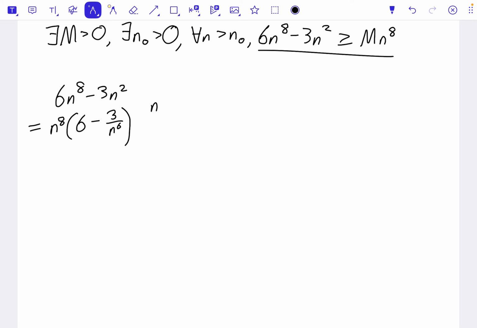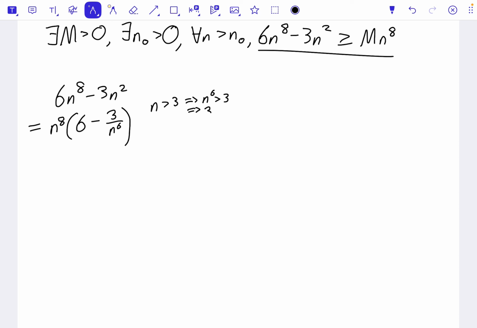So if n is greater than 3, then n to the power of 6 is way greater than 3.